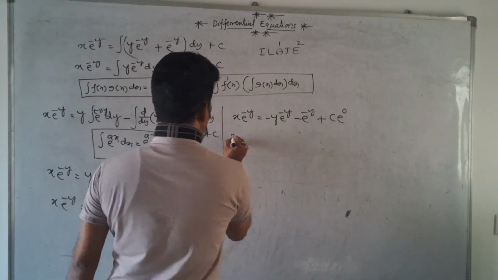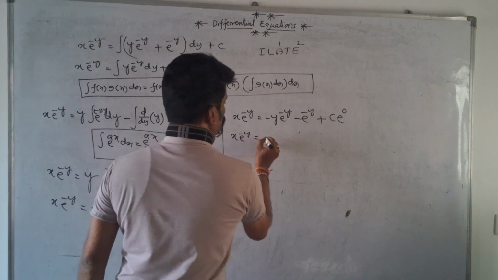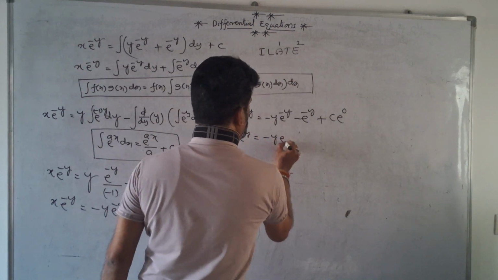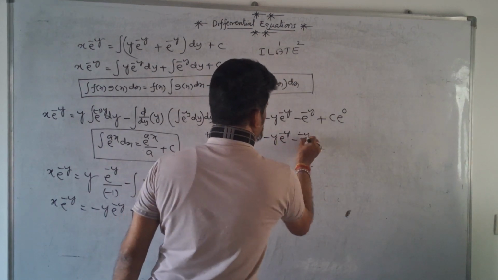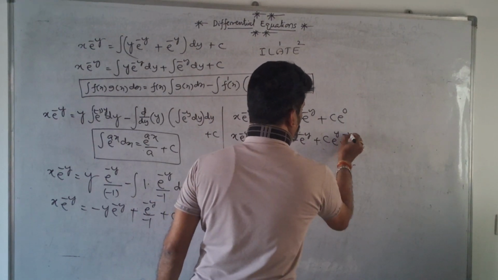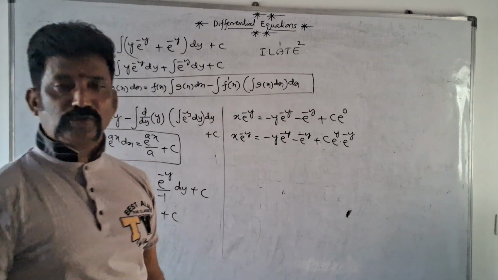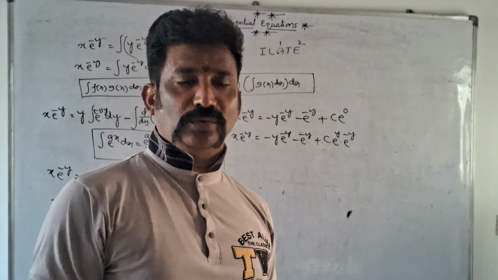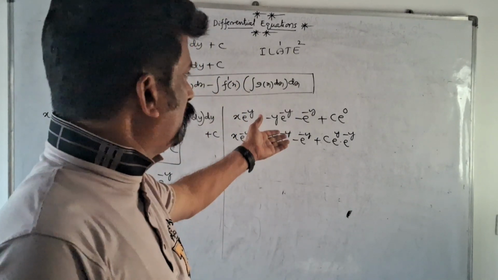So x times e to the power of -y is equal to -y e to the power of -y minus e to the power of -y plus c times e to the power of y times e to the power of -y. Bases are equal, so powers should be added, giving e to the power of 0. Is it necessary to write like this? No need.